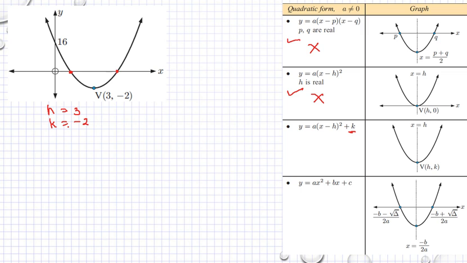So if we substitute, y is equal to a times (x minus 3) squared plus -2. This is squared, sorry. And then we have a multiplied by... I don't know if red is a good pen for you.